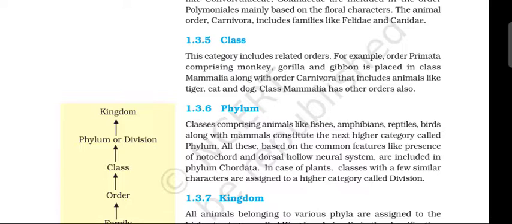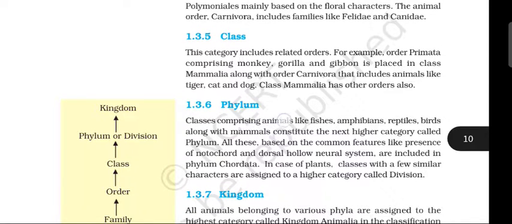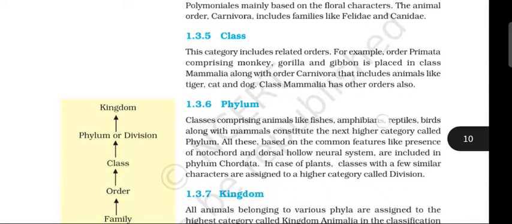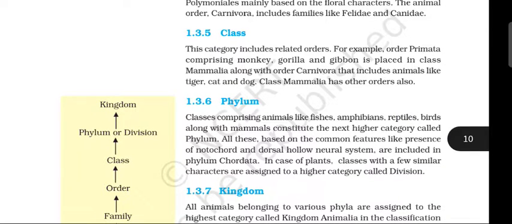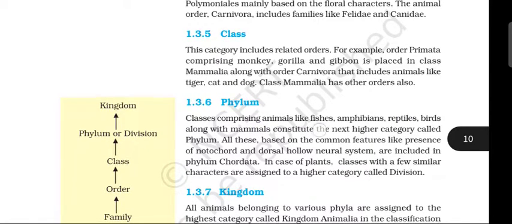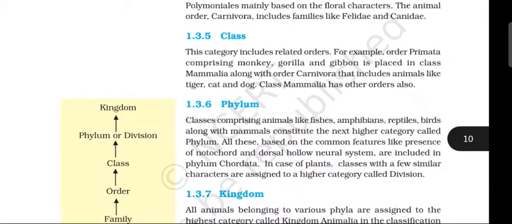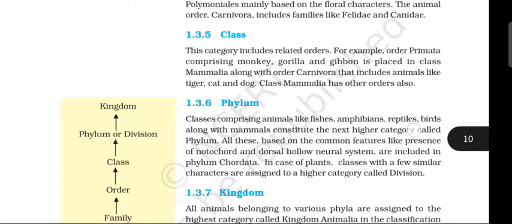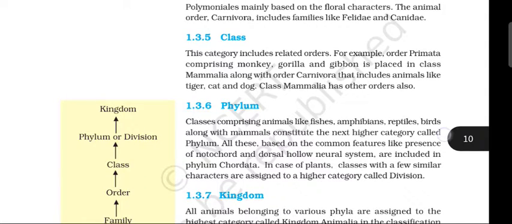Classes comprising animals like fish, amphibians, reptiles, birds, along with mammals constitute the next higher category called phylum.